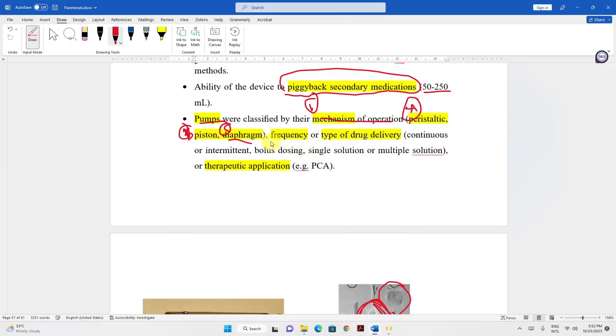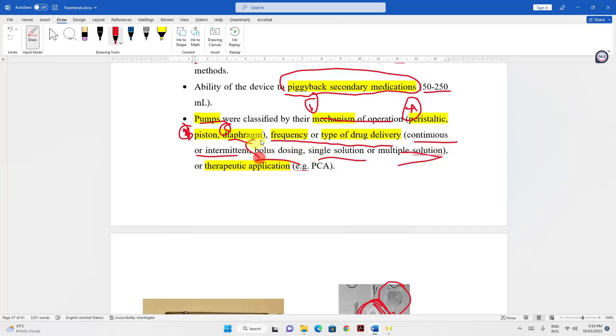Another way of classification is according to the frequency or type of delivery. Is it continuous or intermittent? Continuous means continuously administering, or it's intermittent, meaning it gives and then stops for some time and then gives again. Bolus dosing, single dosing, or multiple solution. Can it take multiple solutions or just a single solution?